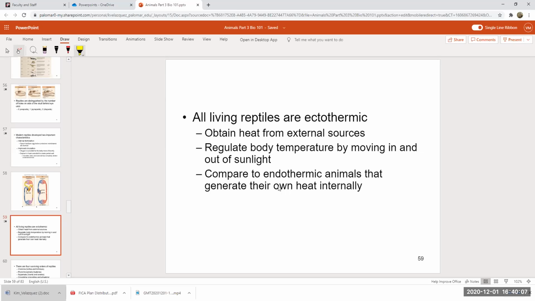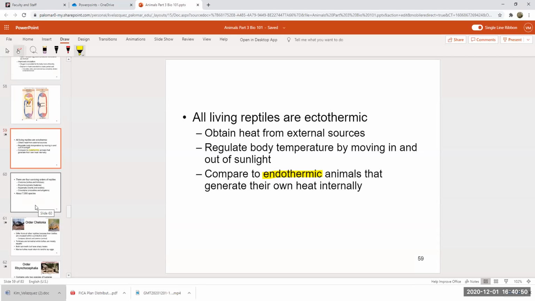So you have to eat more food, but it means if you're endothermic, you can be active day and night, and season to season, and you can be living in different types of environments. You don't see reptiles in the winter in the snow, but you see lots of mammals in the winter in the snow. You also see lots of birds. So if you can physiologically thermoregulate, you need a lot more food intake, but you can produce your own heat. So that's going to be an advancement coming up in the birds.